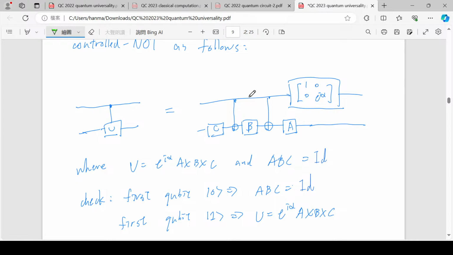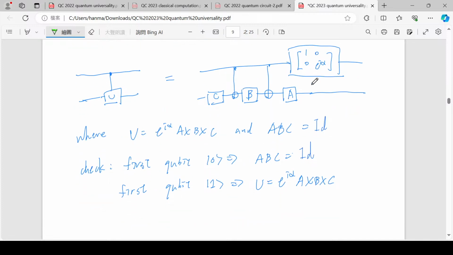And when the first qubit is 1, then on the second qubit the CNOT will become X, so you have A, X, B, X, C, and then also you have the phase. I forgot to say about the phase. When the first qubit is 0, you hit it with 0 here, and you hit this 1 here, and you have no phase. And when the qubit is 1, then you hit this e to the i alpha, and you get the e to the i alpha phase.